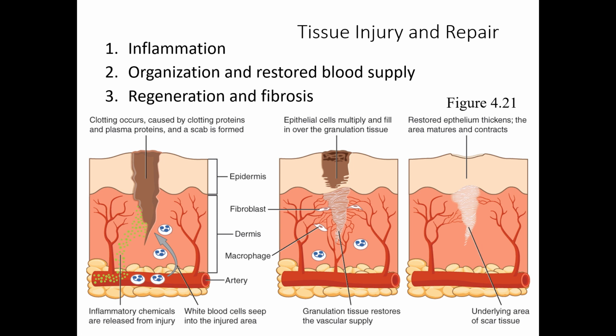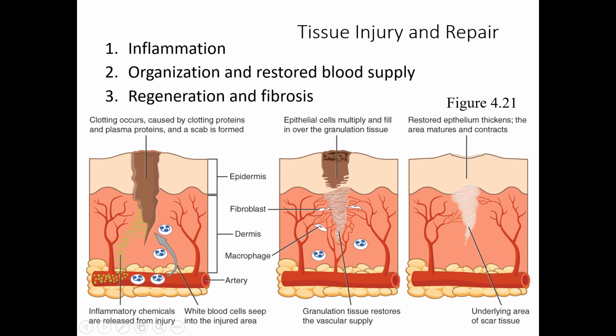Example would be histamine, and those chemicals dilate blood vessels. Okay, so injury, blood clot is formed, damaged tissues release inflammatory chemicals, chemicals dilate blood vessels, release white blood cells. White blood cells will kill all the bacteria and viruses and clean this area from the debris. That is the first stage called inflammation.